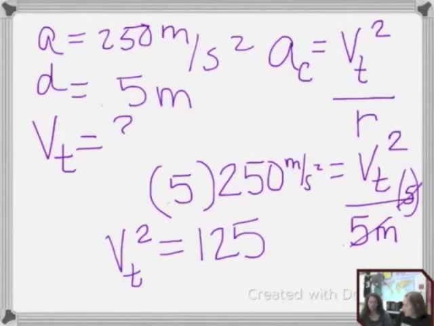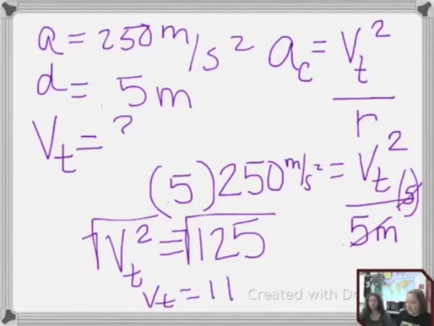If it's squared, the opposite is to take the square root. So we're going to take the square root of both sides. And when I do that, I get 11.2. And my units, because we left it as velocity, not x, velocity is in meters per second. Yes. Meters per second. Okay.